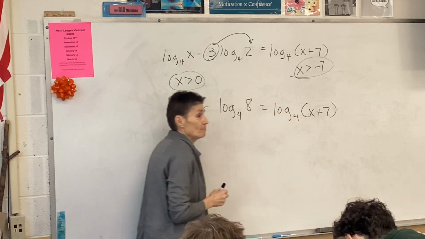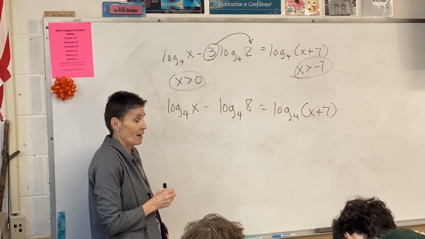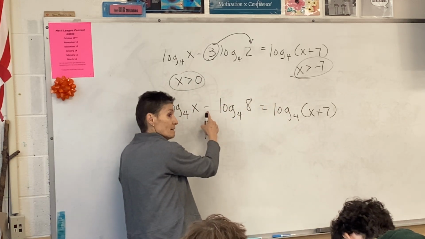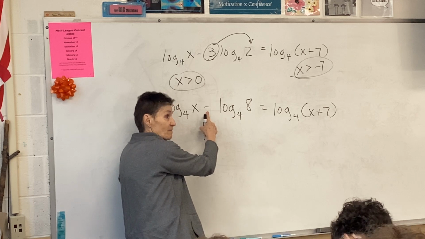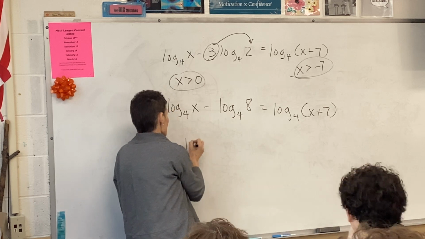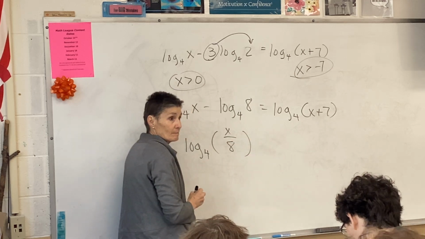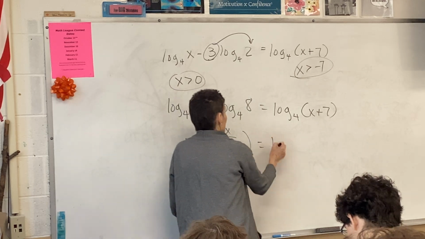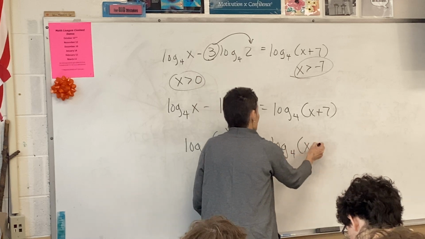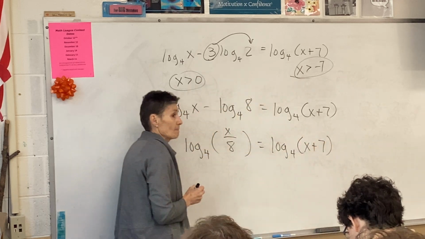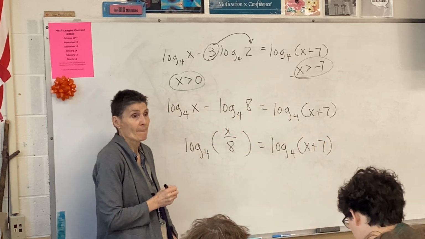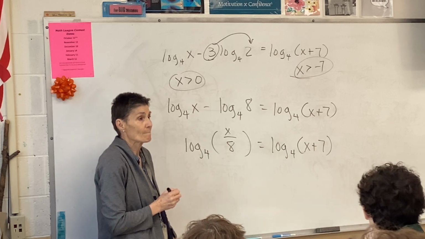All right, now what? Combine them, and we combine them as a division problem. So this is going to be the log base 4 of x over 8 equal to the log base 4 of x plus 7. Everybody with me?